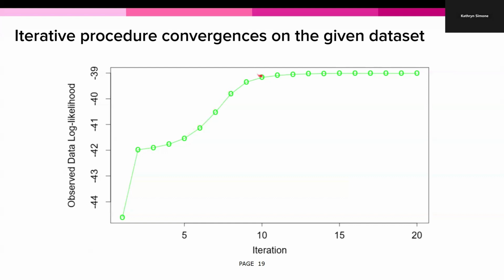By the time we reach around 10 iterations, the curve has started to flatten out. So this signals that the algorithm has stabilized or converged. By 10 iterations, it's likely that we've found the correct estimates for all of our parameters.